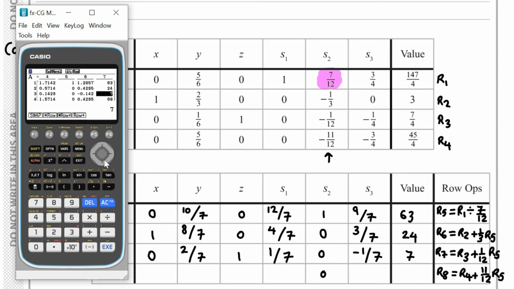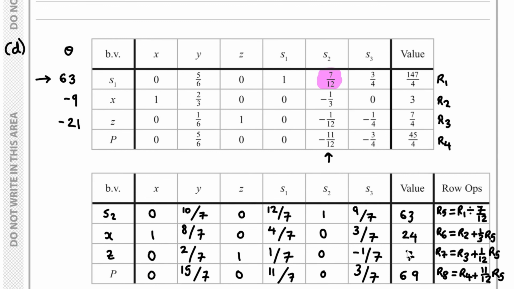So if we work these out, we've got 0, 15 over 7, 0, 11 over 7, 0, 3 over 7, and 69. So this is the first iteration completed.